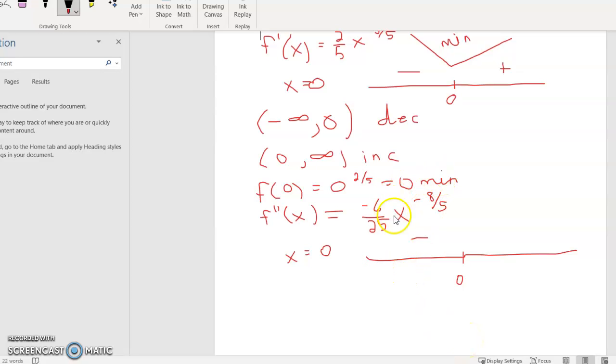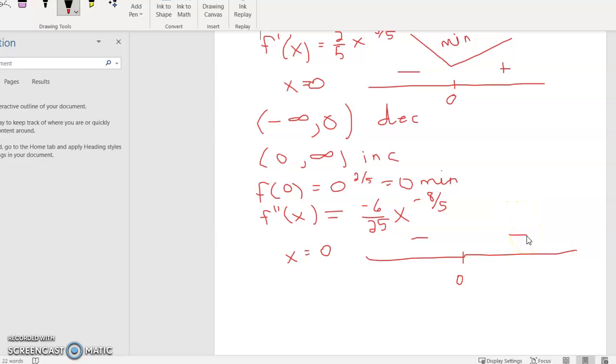Again, if you have trouble with your signs here, just put negative 1 raised to the negative 8/5 into your calculator. Just be sure when you raise it to the negative 8/5 to put this whole thing in parentheses, or you will get the wrong answer. All right, now let's choose something over here. Let's say 1. Well, same thing. When I raise 1 to the negative 8/5, it's going to be positive. And when I multiply it times this negative out front, it's going to be negative again.